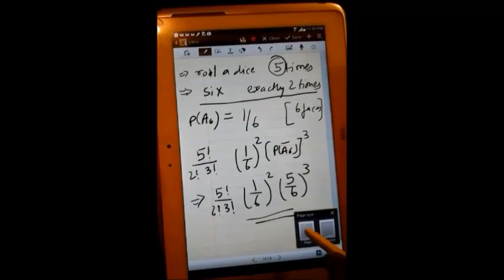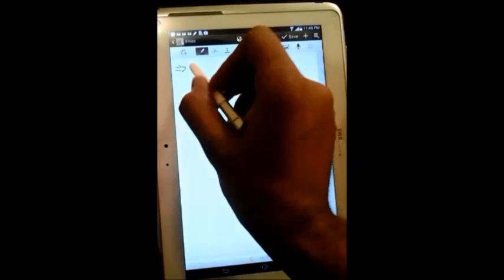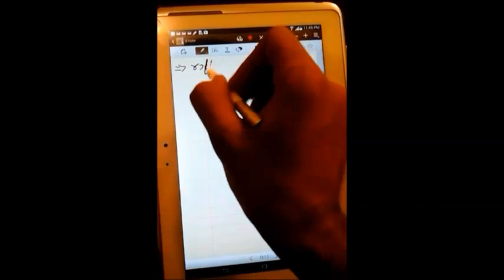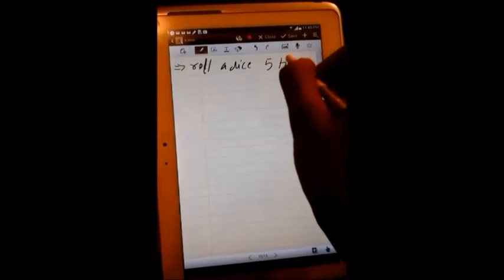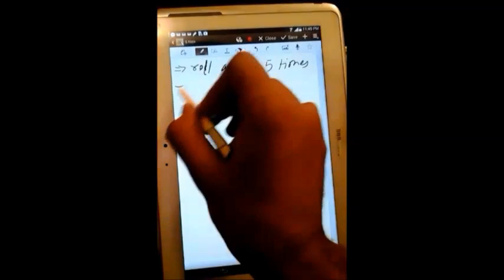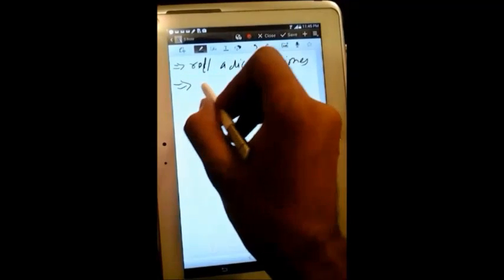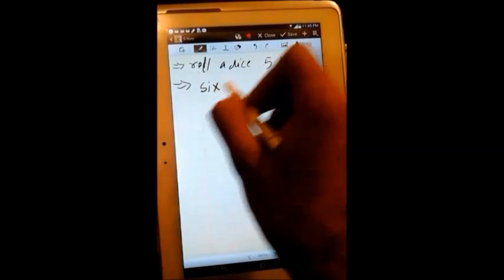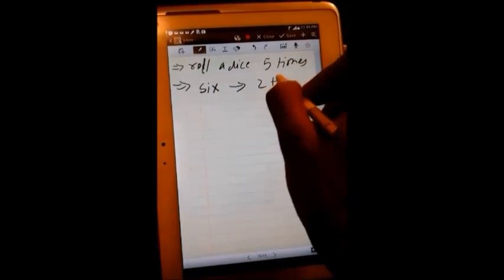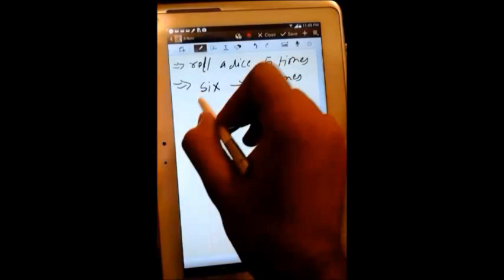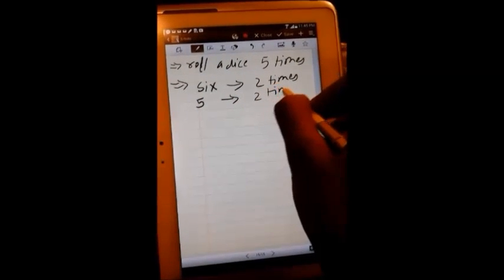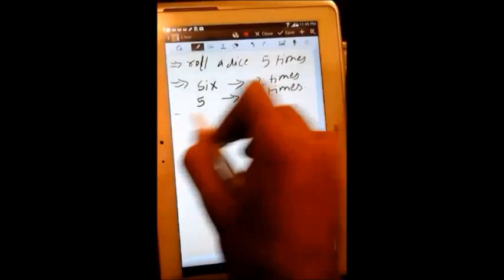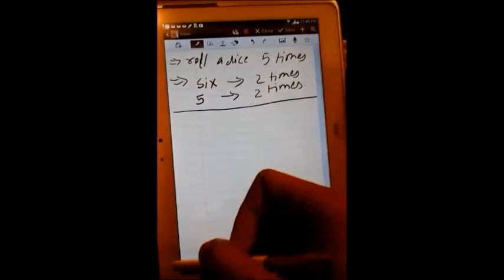Now let us have a look at another similar example. We roll a dice 5 times. We want the probability that 6 occurs exactly 2 times and 5 occurs exactly 2 times. What is the probability?